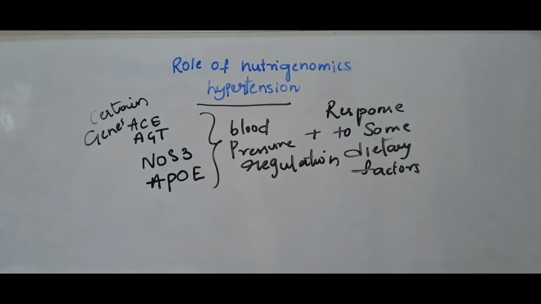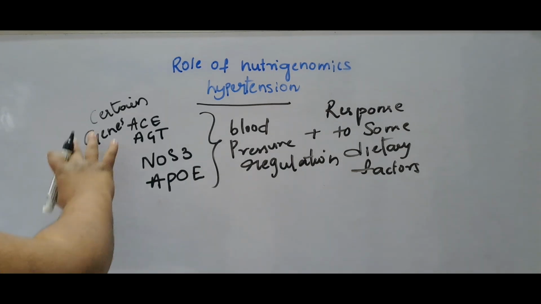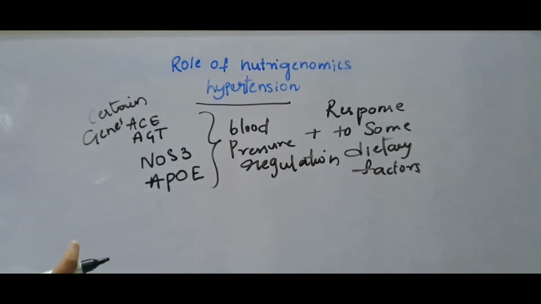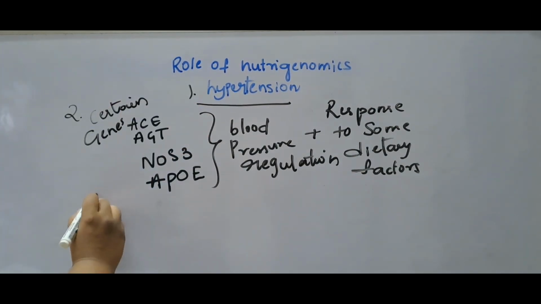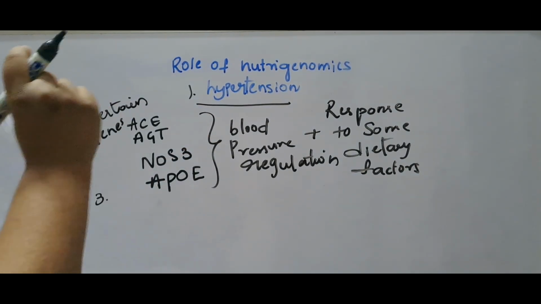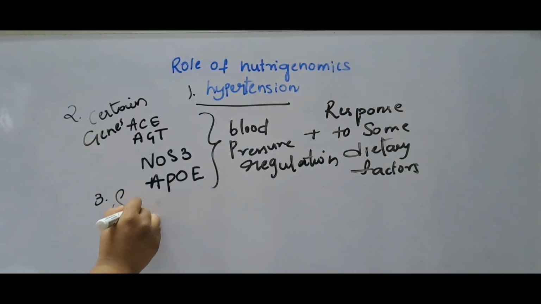The second point is the genetic influence, with certain genes like ACE, AGT, NOS3 and APO. These are the genes which mainly regulate blood pressure and also respond to some of the dietary factors. And the third point is salt sensitivity, which is very important in hypertension.